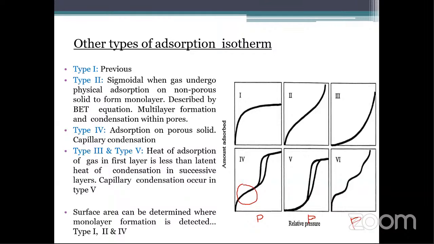Another adsorption application is separation of substances in a mixture. For example, chromatographic technique. নাম শুনেছো কিনা জানি না, chromatographic technique. Chromatography is a separation technique. This technique is used to separate the various substances of a mixture, to separate a particular substance from a mixture.